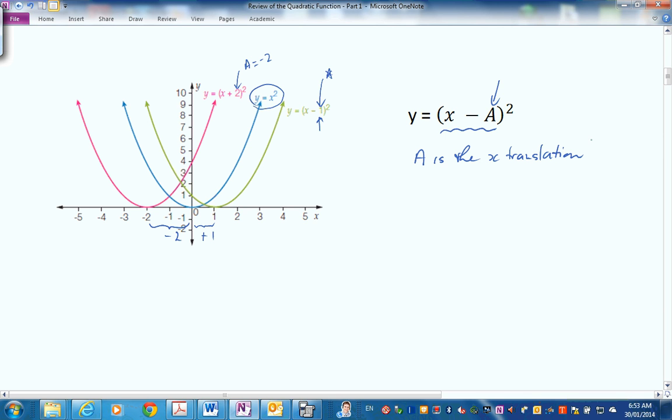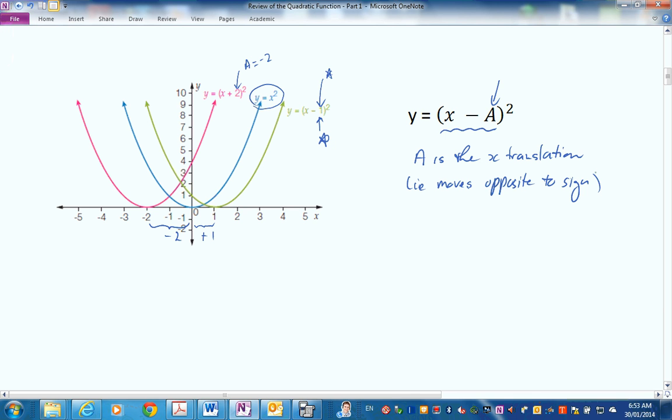So if you have x take 1, it moves it plus 1. It moves it in the opposite direction, if you like, to the sign. A is the x translation, or that is, it moves opposite to the sign in the bracket. So if it's x plus 2, it'll move neg 2 to the left.